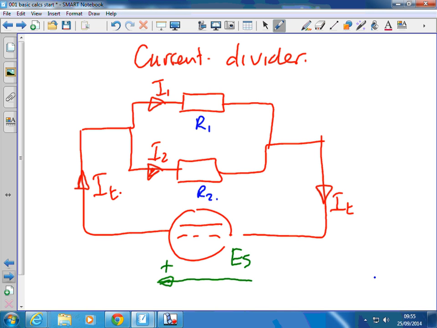The volt drop across both these two is actually the same, because this point and that point are connected to the same place, and so are that point and that point. So the voltage drop for both of those two is actually the same value, and it's equal to what we're applying in this case.